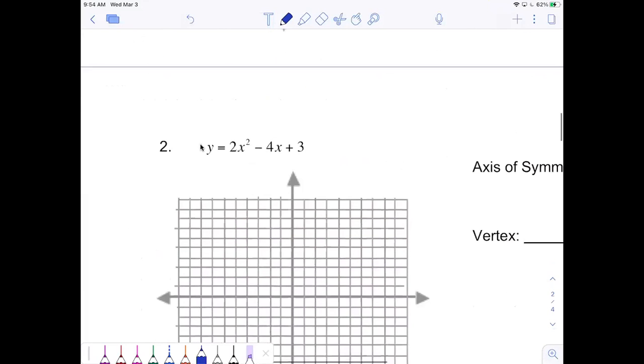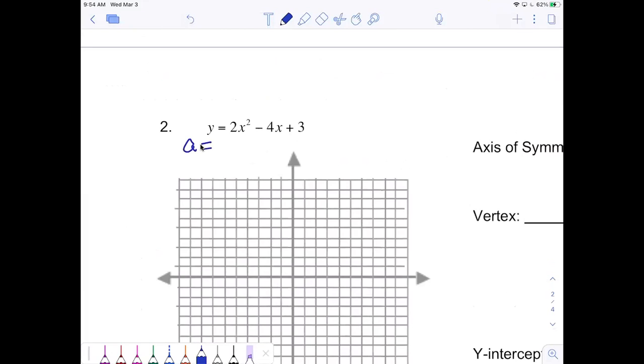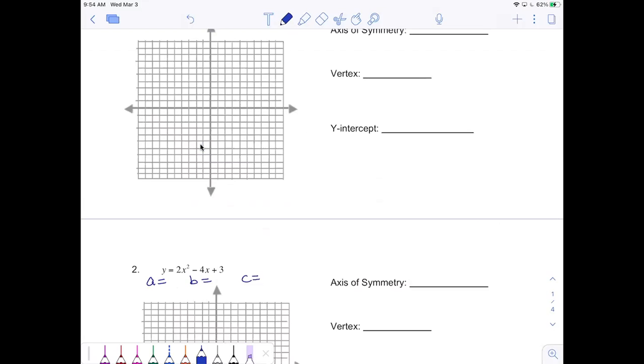And that's the same for number 2. So ABC form does not have parentheses in the problem. So you have 2 questions that you're going to do to practice this form. On Friday, there were 2 questions on your test, exactly like this. So 2 questions with this standard form.